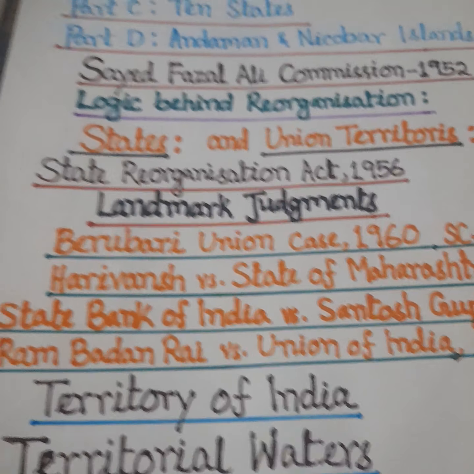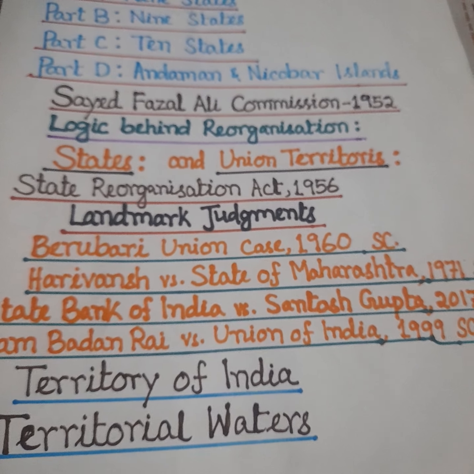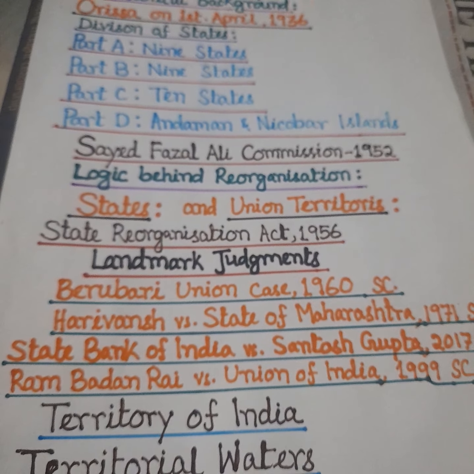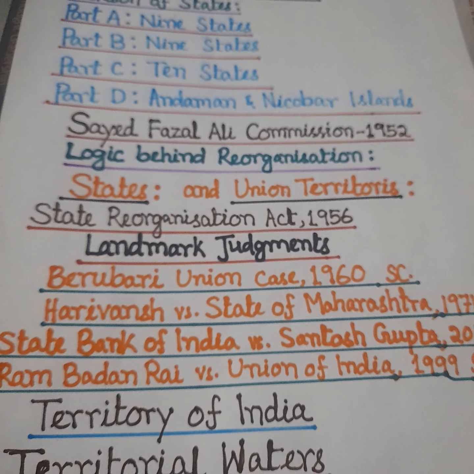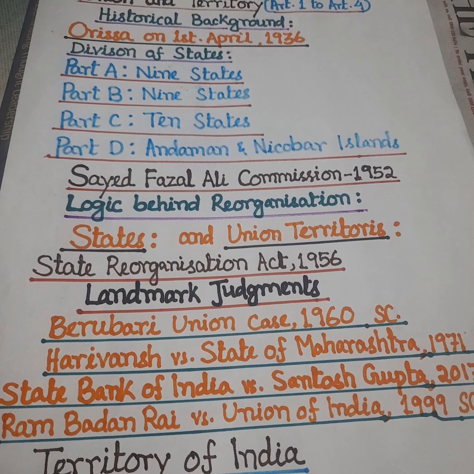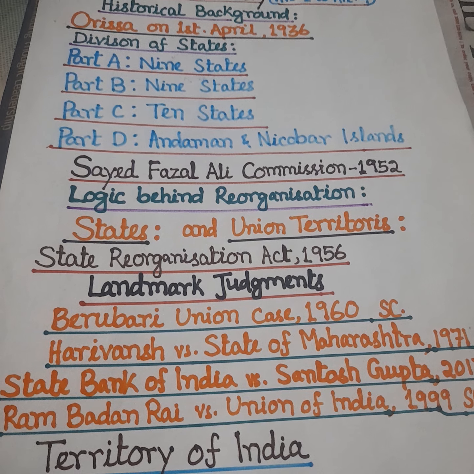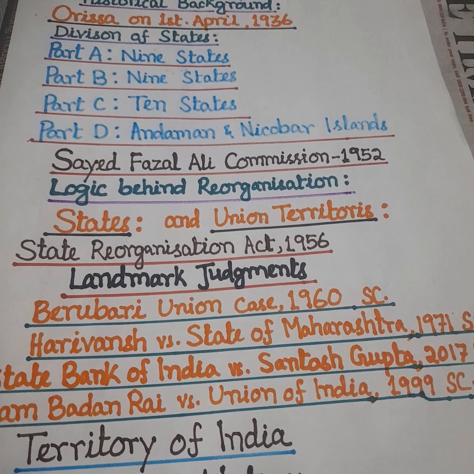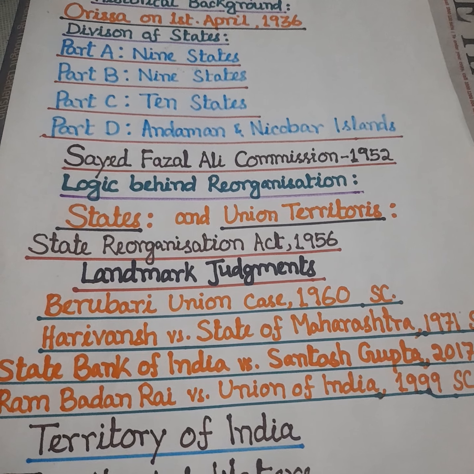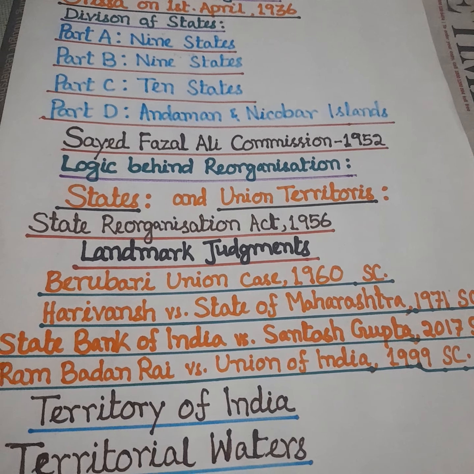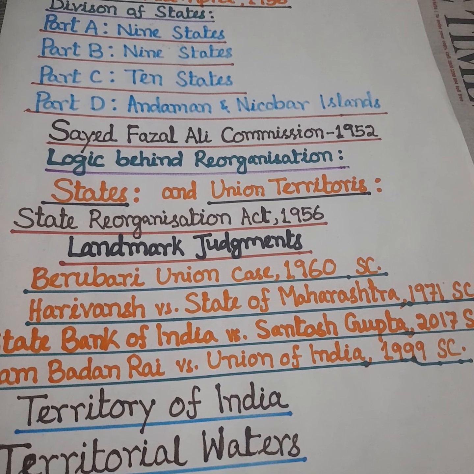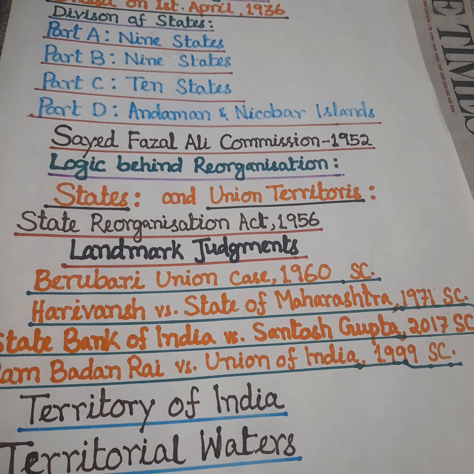In that connection, we have discussed some major and landmark judgments relating to state reorganization and the State Reorganization Act of 1956, and also the historical background relating to the division of states, like Part A, Part B, Part C, and Part D. Consequently, after the adoption of the State Reorganization Act 1956, states in India were divided into two categories, states and union territories.